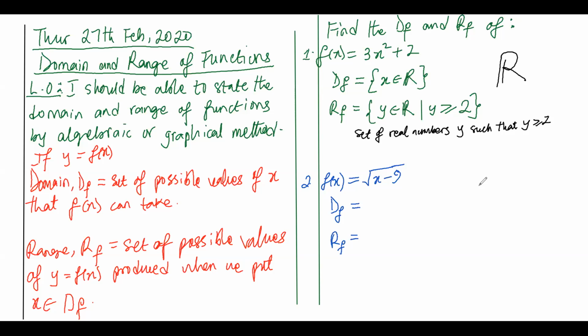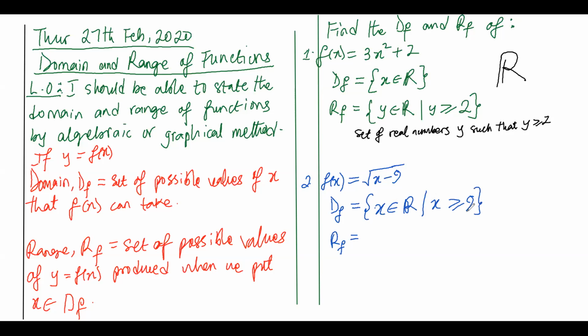Greater or equal to 9. Oh, okay. Because x could be 9. Yeah, x could be 9. Thanks to both of you. So the domain is the set of real numbers x such that x is greater than or equal to 9.